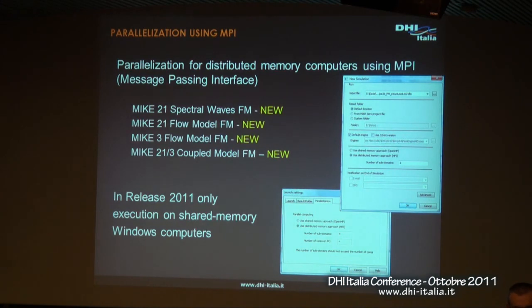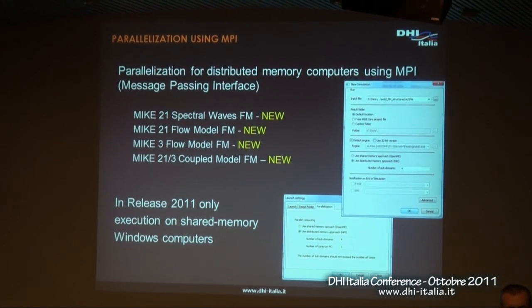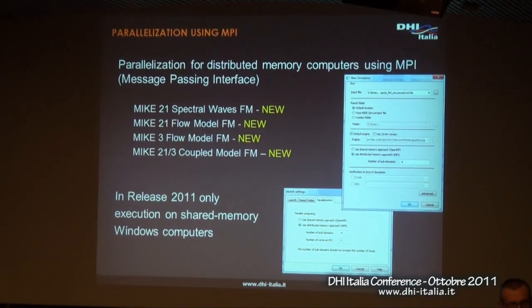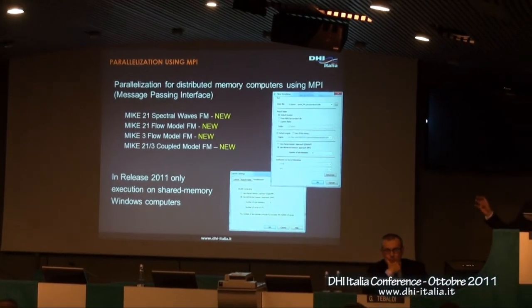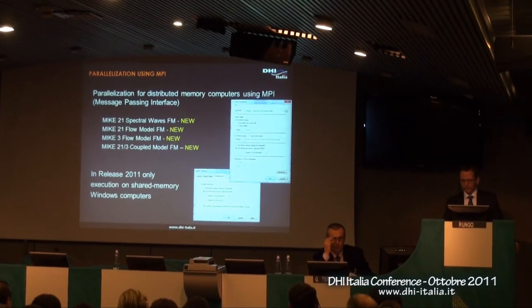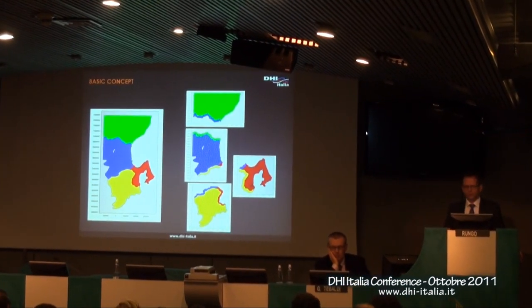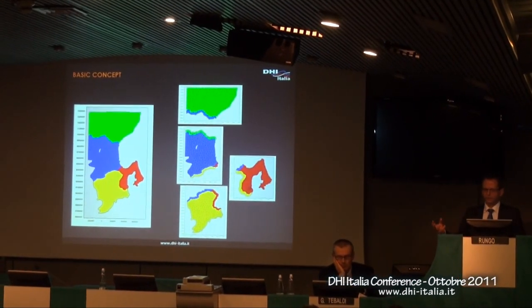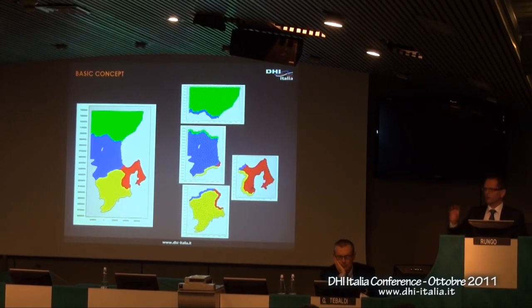One way of using parallelization is to use what is called shared memory. That means that all the processors that are sitting on one computer are accessing the same memory. Another approach is to use what is called distributed memory. There you take your model area and divide it into, say, 4 different sub-areas, and they will be running individually.